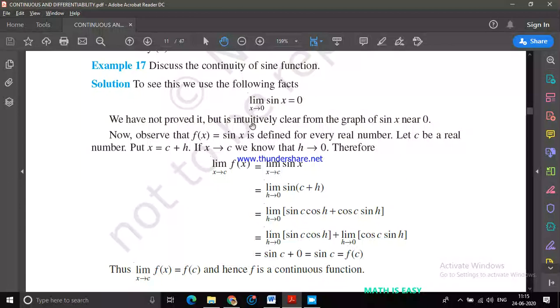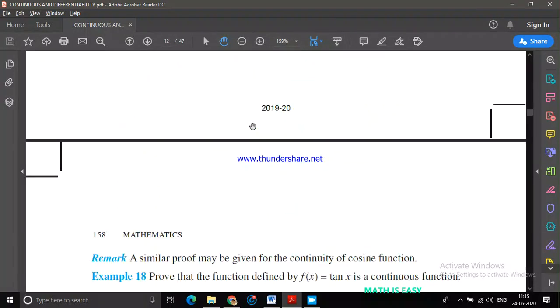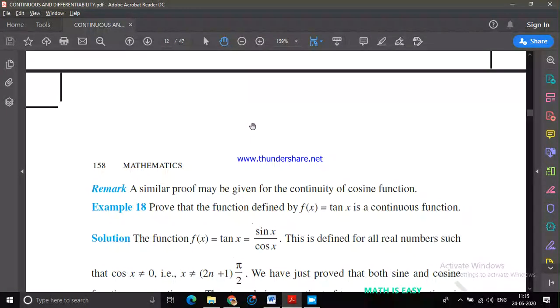Then what about tan? Tan is nothing but sin x upon cos x. So division of two continuous functions is again a continuous function. So hence tan x is also a continuous function, except where cos x is 0. Where cos x is 0, there the function is not defined.